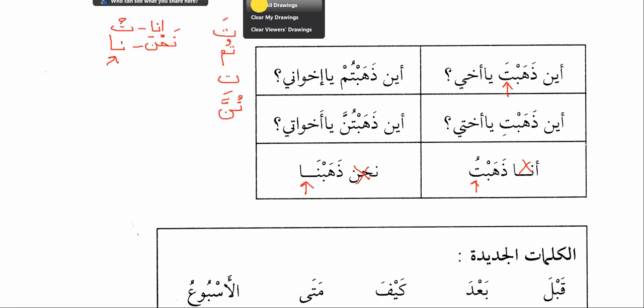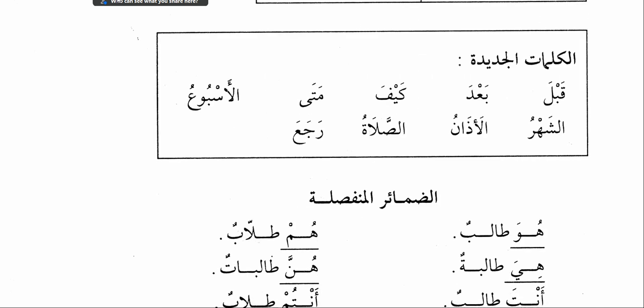So let's see, the last segment of our lesson is the kalimat al-jadid. So let's see. Qabla means before. Ba'da means after. These are all dharf. Qabla, ba'da. Now kaifa is a questioning tool, means how. Mata is when. Usbu is the week. Ash-shahr, the month, because it's with lam tarif.